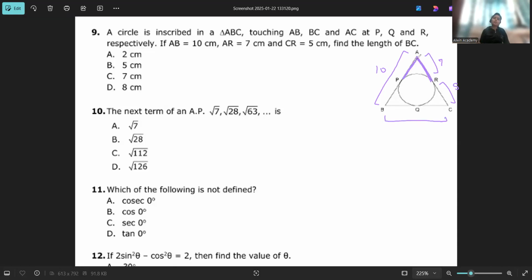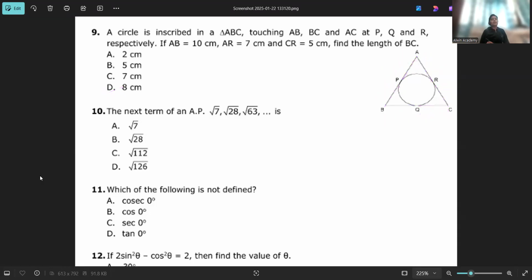So this length will also be 7, tangents from the same point. If this is 7, this complete is 10. So this length will be 3. If this length is 3, so this length will also be 3. Coming from the other side now, if CR is 5 given to us, then CQ will also be 5. Again, tangents from the same point. We have to find BC, which is 3 plus 5, 8 centimeters, option number D.